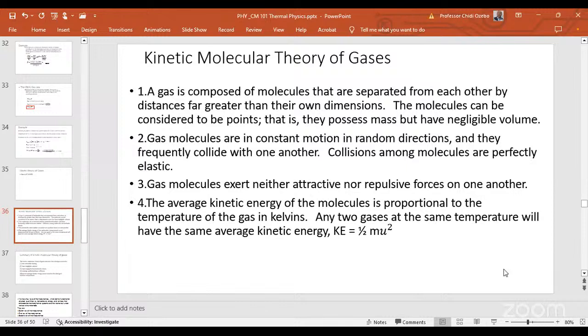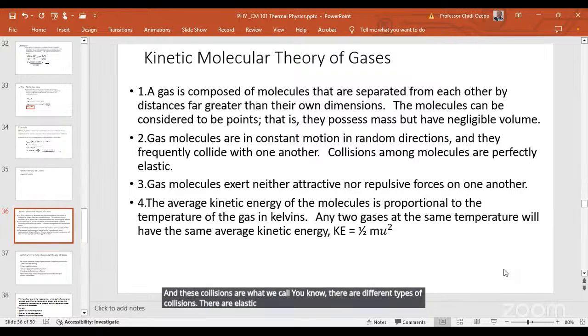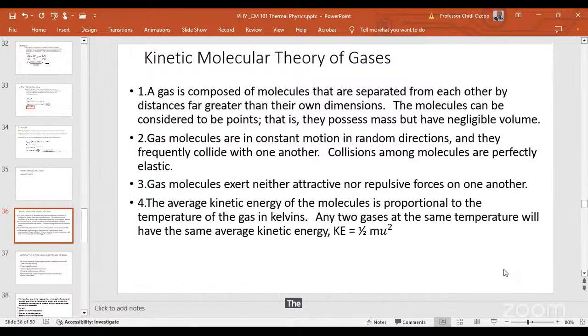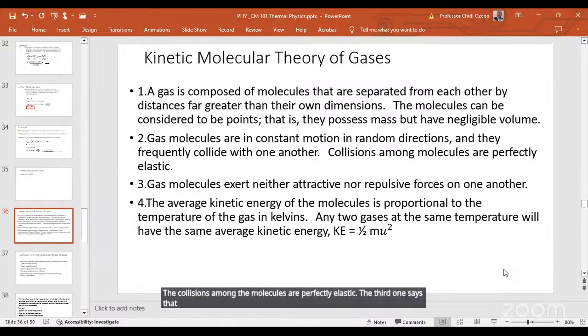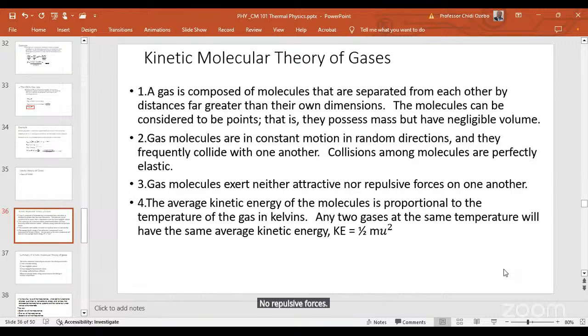There are different types of collisions: elastic and inelastic, but here the collisions among the molecules are perfectly elastic. The third one says that gas molecules exert neither attractive nor repulsive forces on one another.